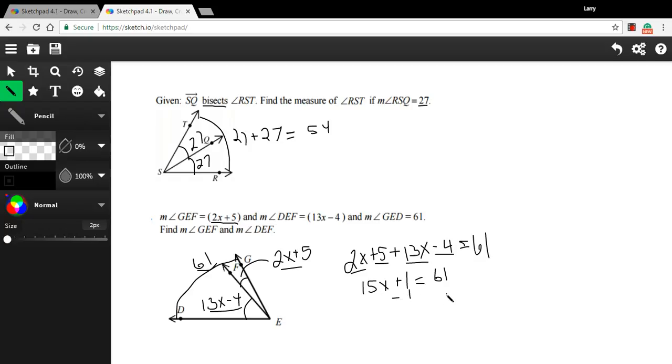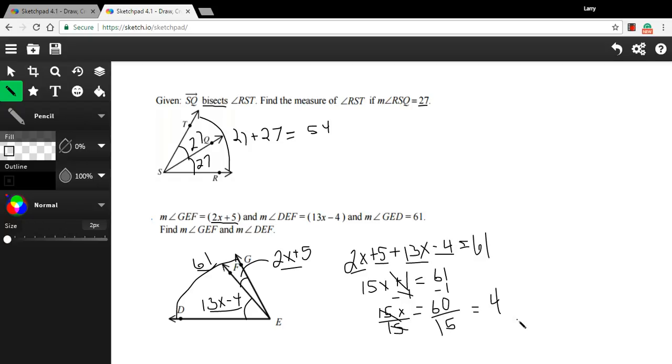I can do that by subtracting 1 from both sides. And that just leaves 15x over here. This adds up to 0, and then we get 61 minus 1, that's 60. And then to solve for x, we just need to divide by 15. So these cancel, and 60 divided by 15 should be 4.